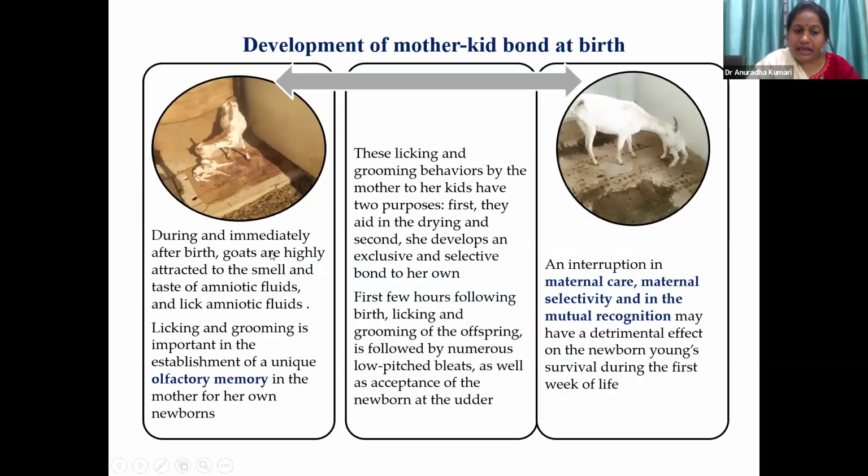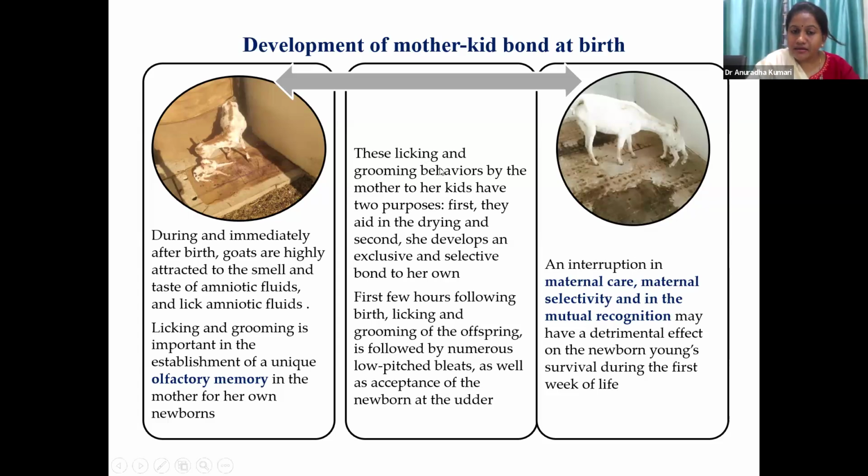What happens immediately after kidding, as we have seen, is that the mother is very much attracted by the smell of amniotic fluid present over the body of the kid and on the ground. This motivates intense grooming and licking behavior. This intense grooming and licking behavior helps establish olfactory memory in the mother for her newborn.